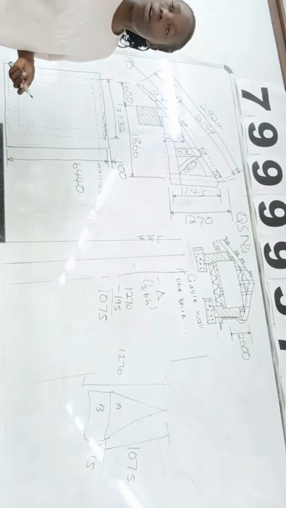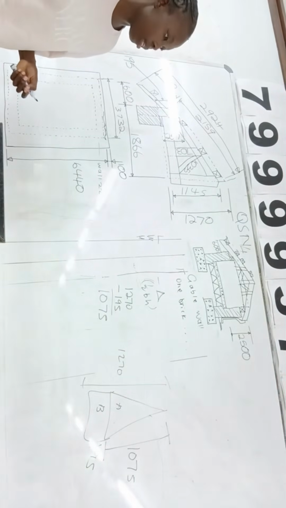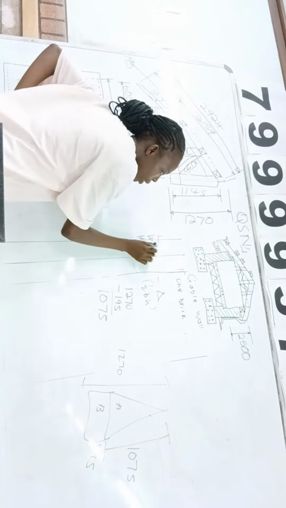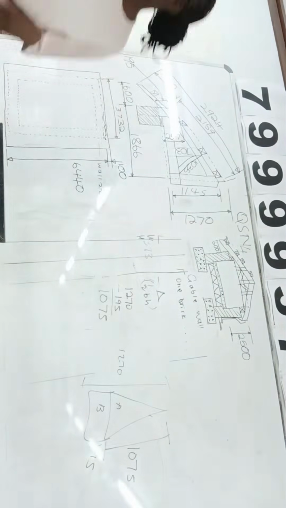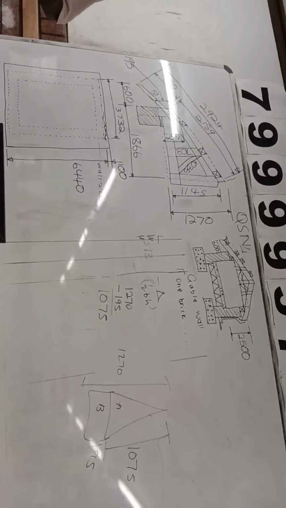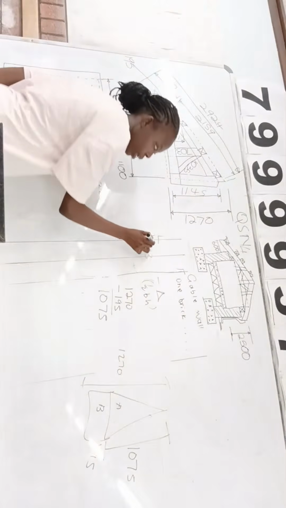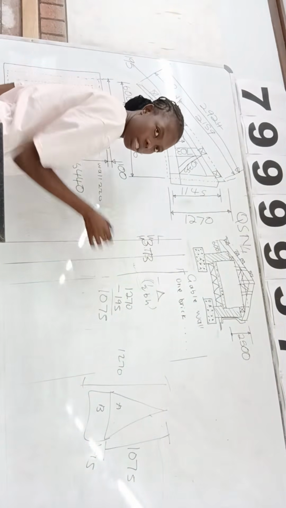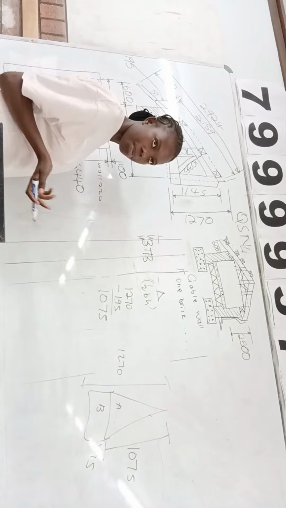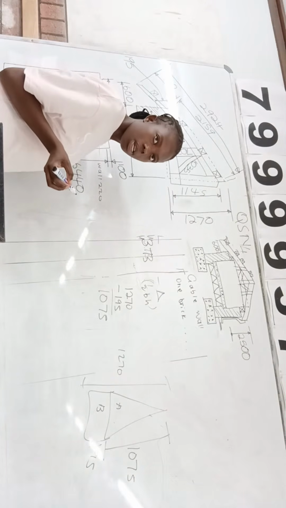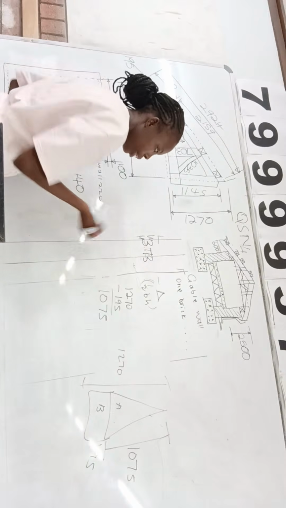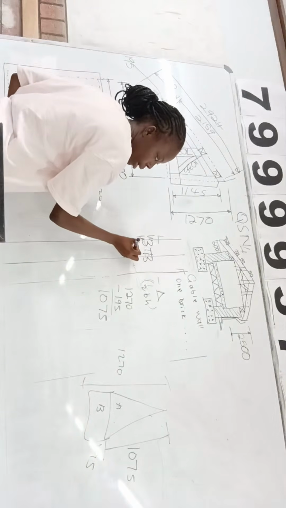So 3732 divided by 1000 is 3,73. And then our height is 1075. 1075 divided by 1000 is 1,08. Again, you will round it off, so it's 1,08.